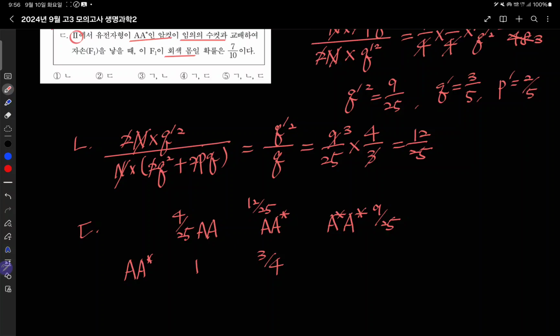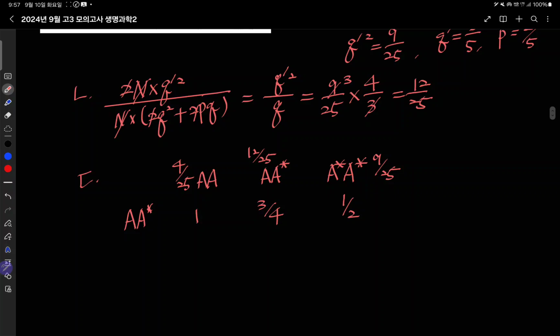And a heterozygote with A asterisk homozygote, the probability for gray color is 1/2. So multiply this frequency and probability for each case. And add them all.